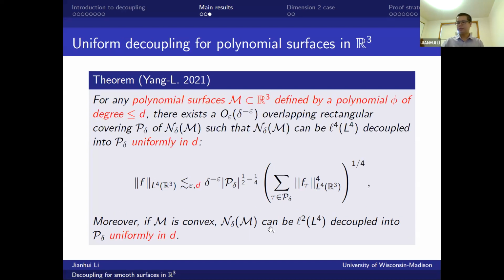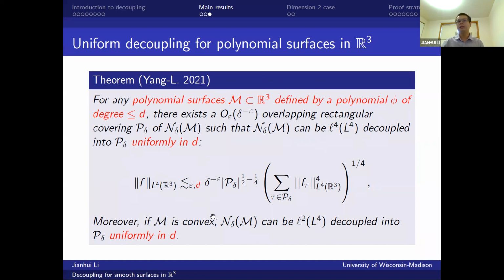In fact, the first reduction we do is to change the smooth manifold to polynomial surfaces, because polynomial surfaces are easy to deal with. But in order to pass from polynomials to the smooth case, we need to make sure that our estimate is uniform in d. Okay, so we can see that this estimate is uniform in d, which means that the decoupling constant here no longer depends on M, but only on the upper bound of the degree of the polynomial defining the polynomial surface.